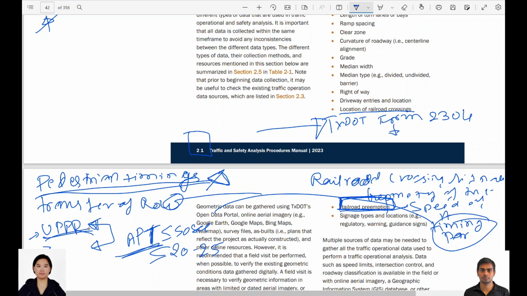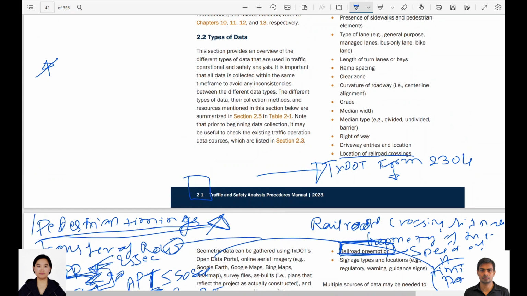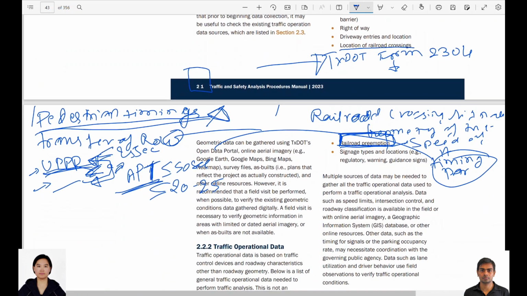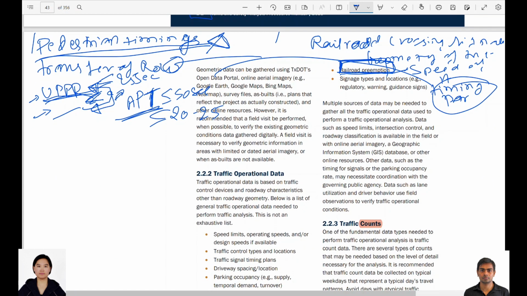For UPRR I believe it is less than 25 seconds, and for the other one it is less than 20 seconds, which is very difficult to meet when we have pedestrian crossings. So these are just some things which came to mind while looking at the railroads. We will discuss this in greater detail in one of our videos about railroad crossings.